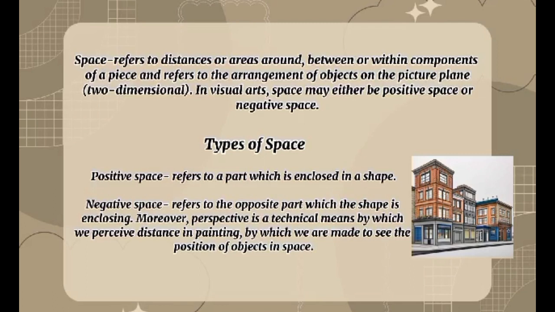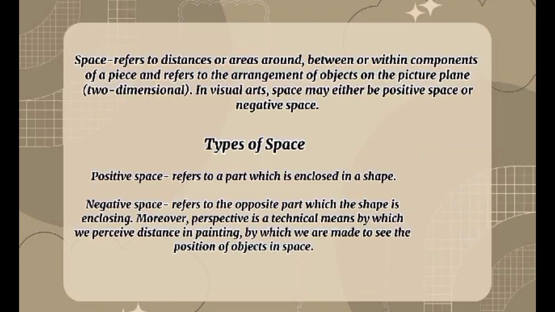Basically speaking, ang negative space, it represents the background of an artwork or the area that surrounds the object or shape in the artwork. So by defining what is negative space, we can say that the negative space on that drawing is yung mga empty or unoccupied areas that surround the positive space.